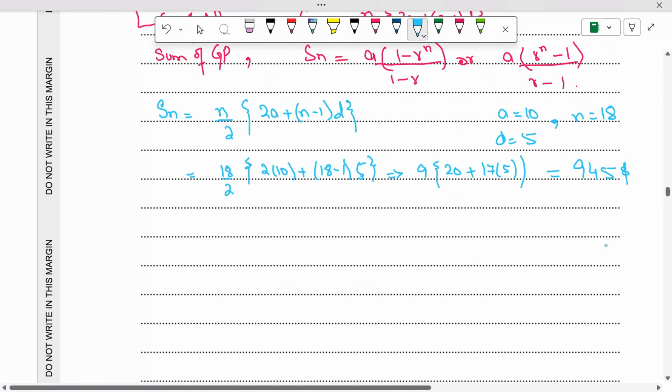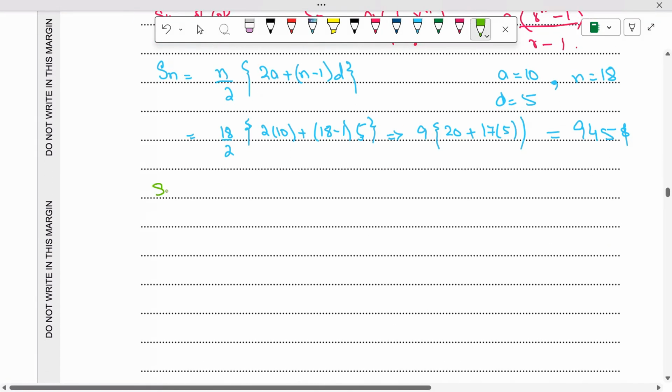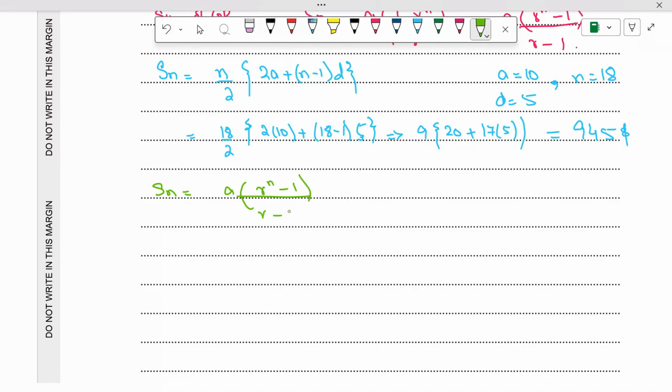Now, what she has received from her mother: Sn is equal to a times r to the power of n minus 1 over r minus 1. In this case, a is 10, r is 1.2, and n is 18. So we have 10 times 1.2 to the power of 18 minus 1 over 1.2 minus 1.